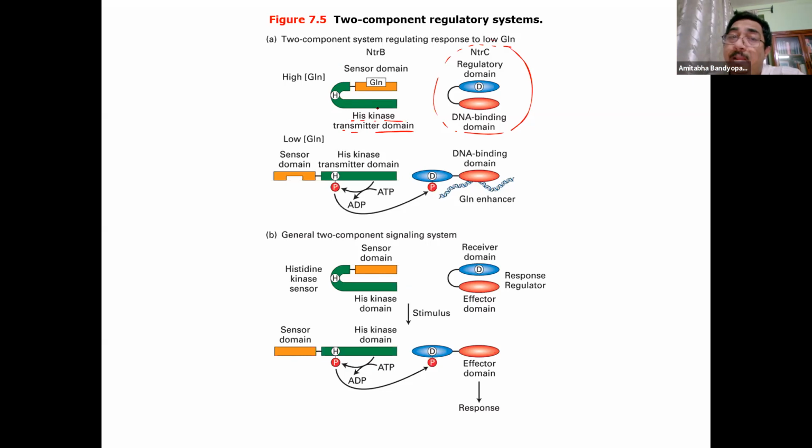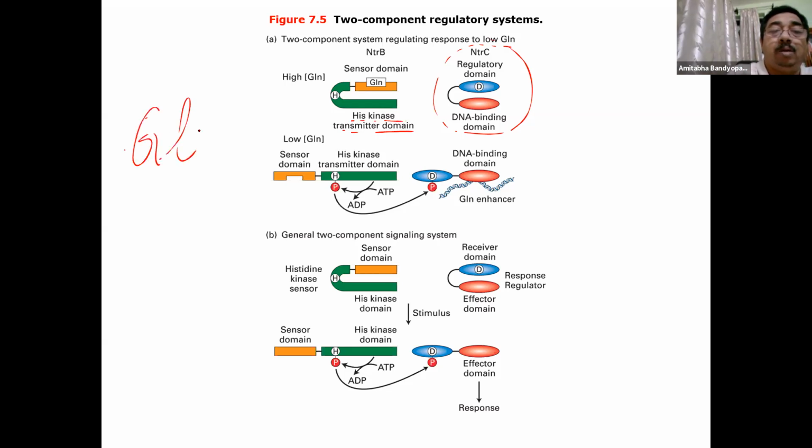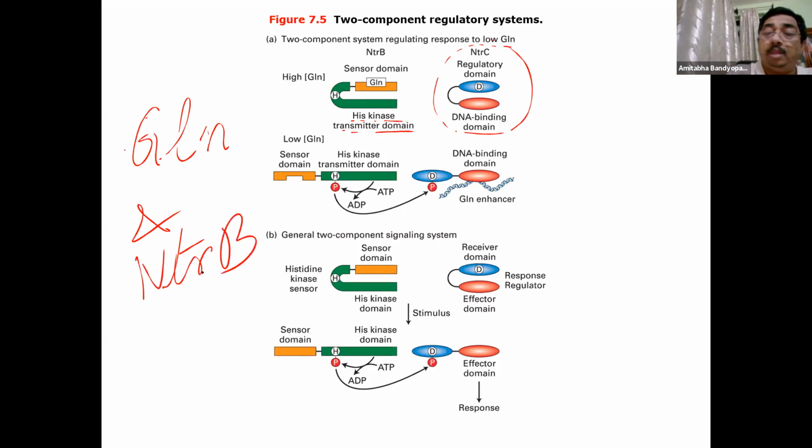So when there is a very high glutamine concentration, then again the same issue, that the affinity between glutamine and NTRB is low. So normally it will not bind, but if there is very high glutamine, then it will bind to it.